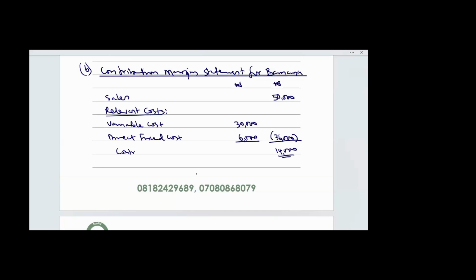So the examiner is now asking you whether the company should switch resources to producing banana. Of course, the company should switch. So your decision should be that decision. Okay.